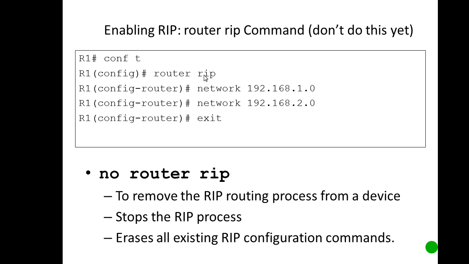on R1. If you want to nullify or cancel the previous RIP protocol, you can simply type no router rip.